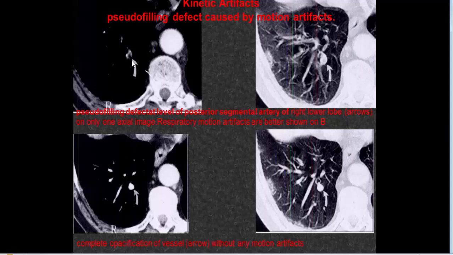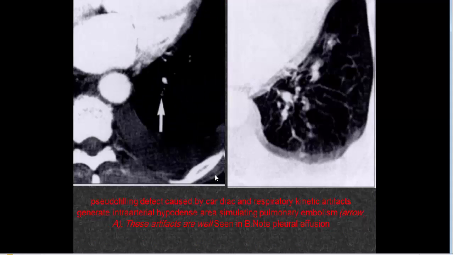It is motion artifact on only one axial image; the respiratory motion artifact is better shown in B, with complete opacification of the vessels without any motion artifact. This gives us a false positive diagnosis. Pseudo filling defect caused by cardiac and respiratory kinetic artifact generates an intra-arterial hypodense area simulating pulmonary embolism. This artifact is seen without pleural effusions, as seen here.